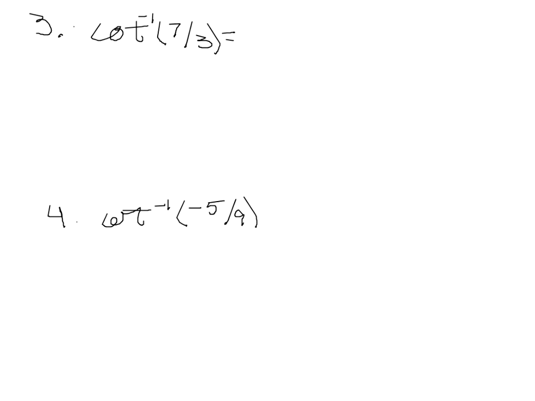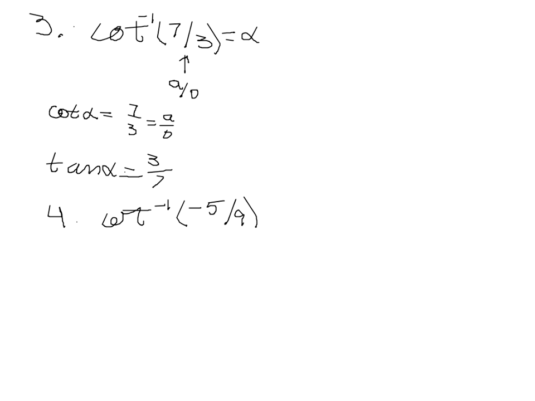Okay, the next two are cotangents. Now cotangent has something funky that happens when it's negative, but let's look at the positive version. When the inside's positive, what goes into cotangent is adjacent over opposite, and what comes out is an angle. Now if I take the cotangent of both sides, I get cotangent alpha equals 7/3, which is adjacent over opposite, and I can turn it into a tangent. So tangent alpha is 3/7.